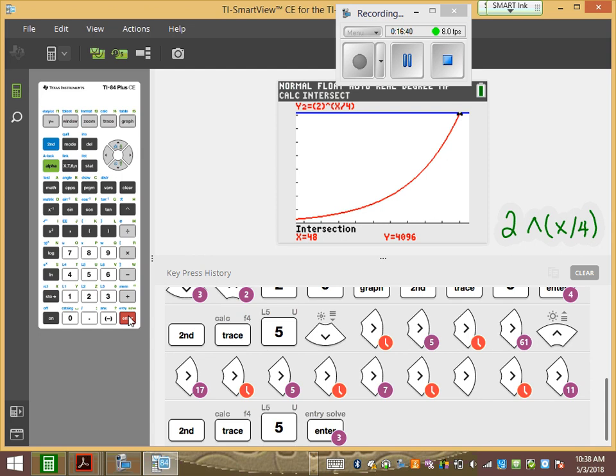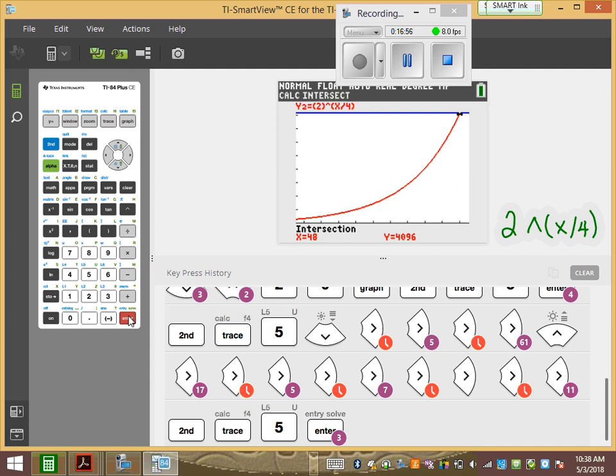Okay. So what value do we take? Always. What's our answer always? The x or the y? The x. Okay, our answer is always the x. 4,096 represents the y height at which this line crosses.